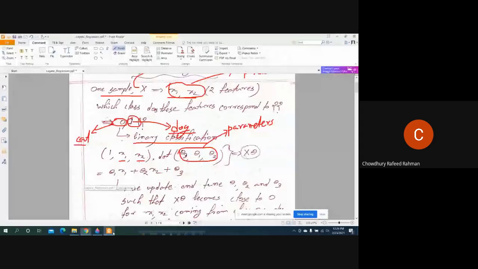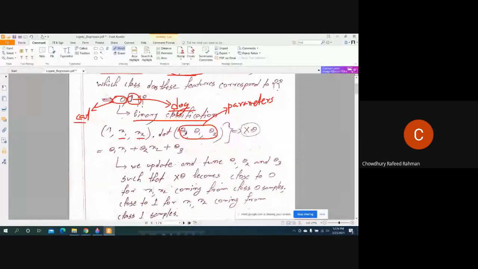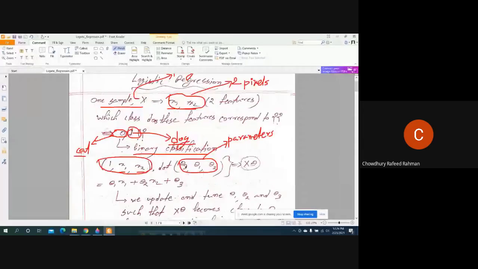Okay. So when I dot product this particular vector, yes, please. Sir, I cannot understand the 2 pixels that you described in the first line. You said that this sample is about 2 pixels, where one is 0, another is 1.